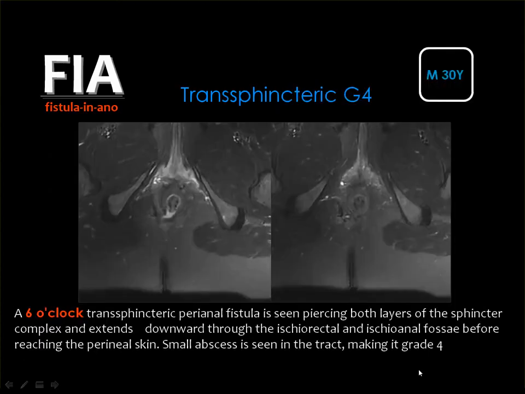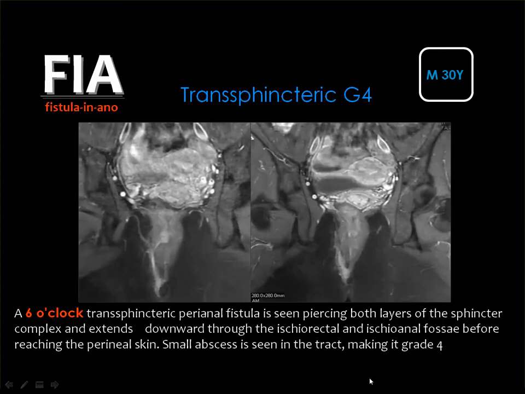Then, if the fistula is associated with an abscess or side branch, you consider grade 4. Here we have an internal opening at 6 o'clock, and this is the tract of the fistula going through the external sphincter.